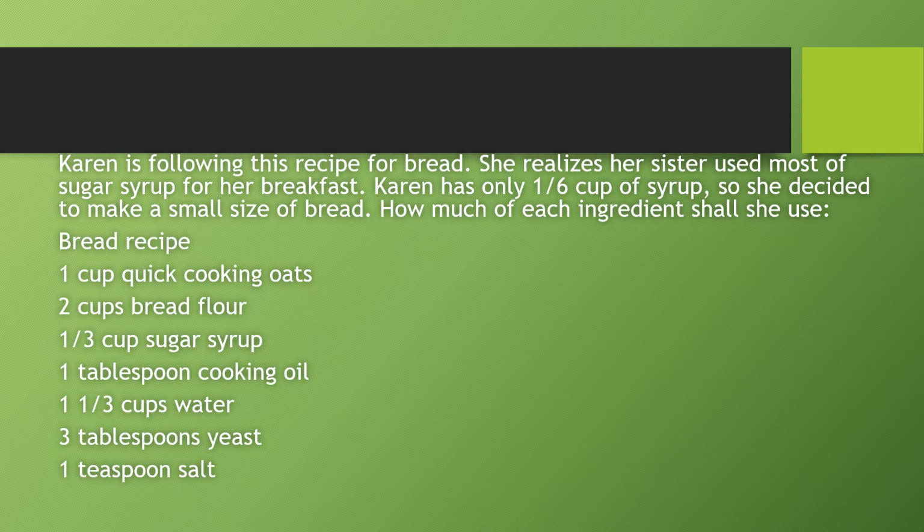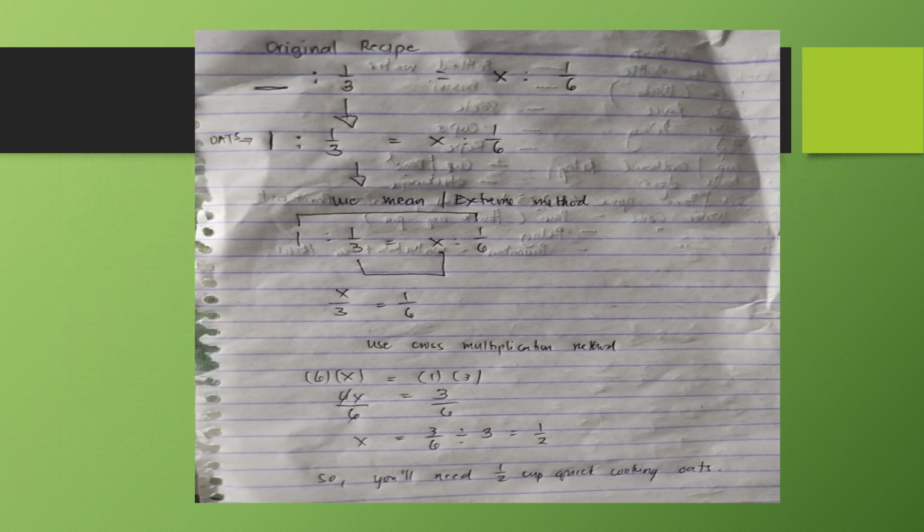Now, tingnan nyo, doon sa recipe natin, meron dito 1/6 cup of syrup and 1/3 cup sugar syrup. So, ibig sabihin, yun yung given value. Si 1/3 at saka si 1/6 cup of syrup. Now, let's take a look at this computation. As you can see here, meron ditong line na horizontal.